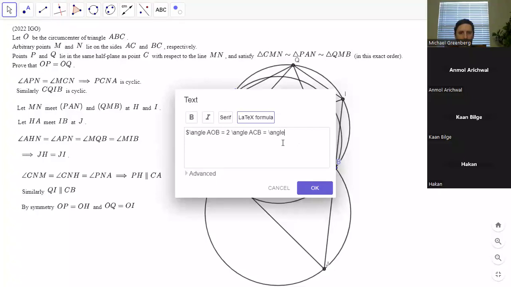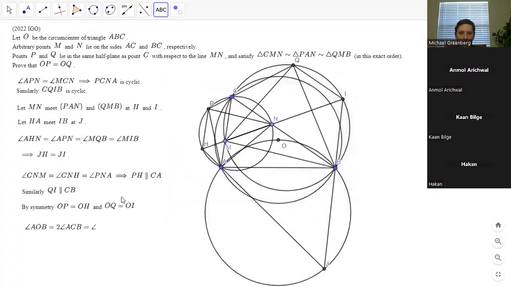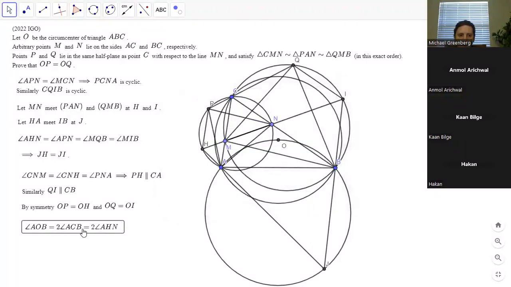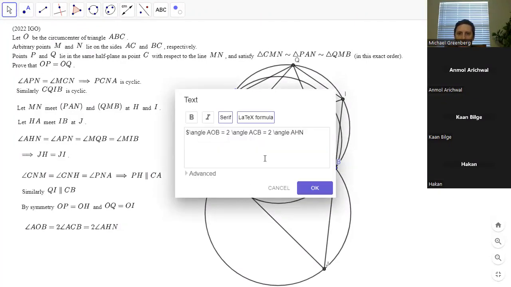Equal to angle, so that would be twice angle AHN. And that is 180 minus AJB. And that means that AOBJ is cyclic.